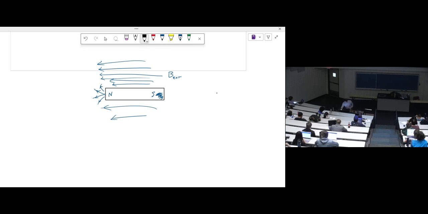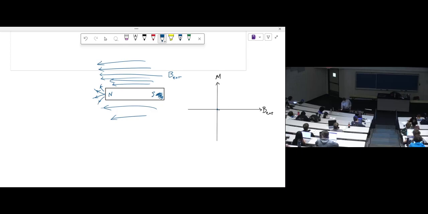You can see this in your textbook in those chapters that are talked about. This is B external, and this is, let's say, the magnetization of this object here. Your block of iron, your magnetic material, is going to start out with no magnetization, and let's say the external magnetic field is 0.